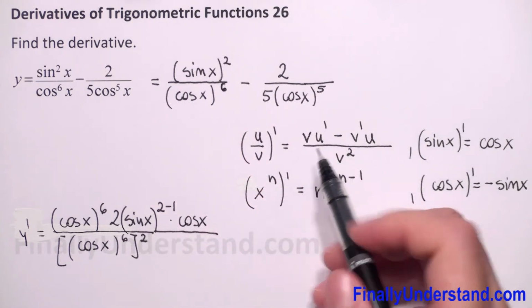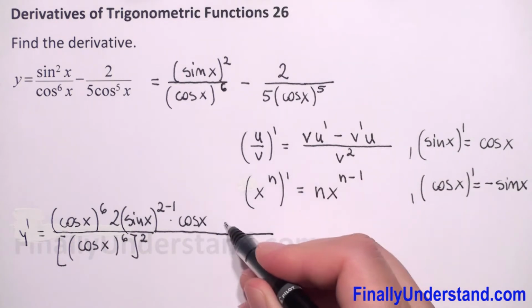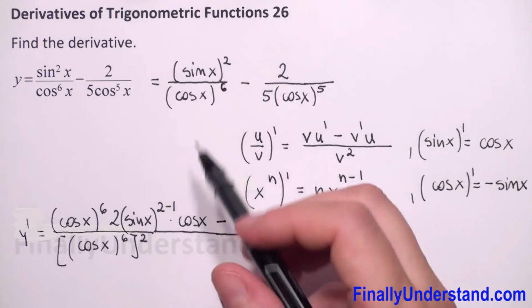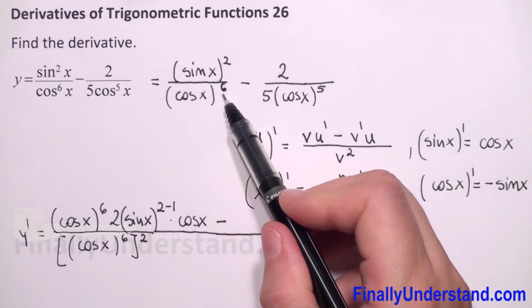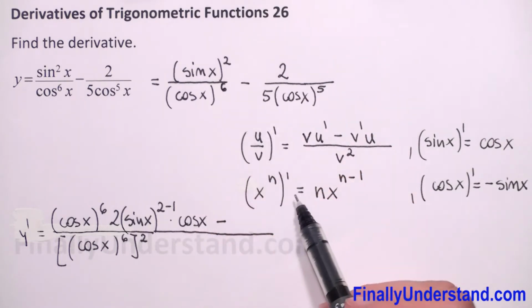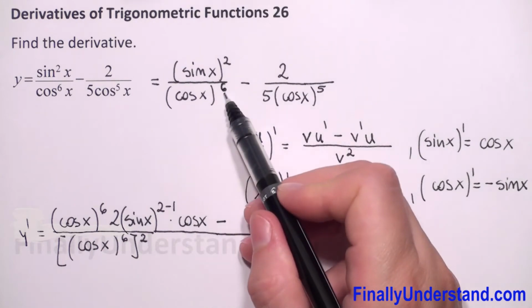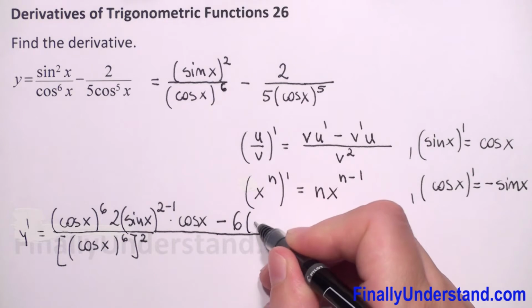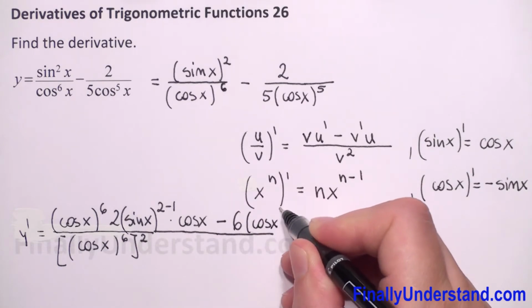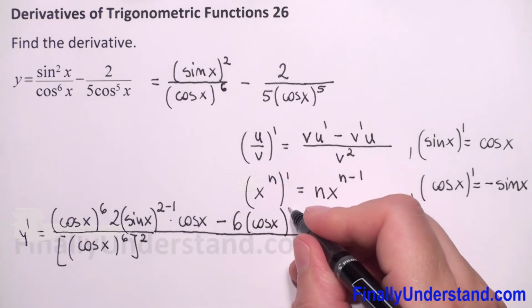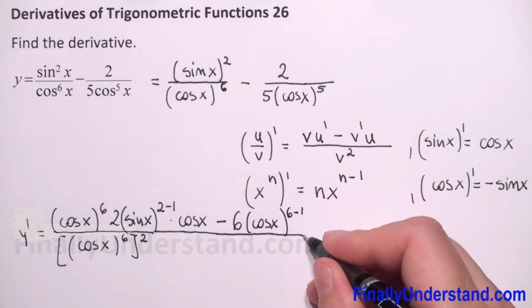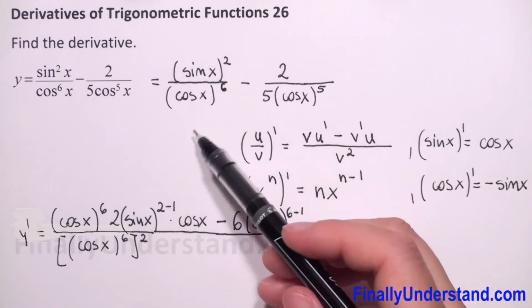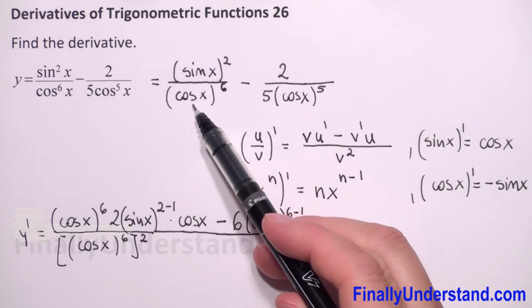Next we have minus. Now we have to find the derivative of the denominator. Again we use the power rule, so we take down 6. We have 6 times cosine of x to power 6 minus 1 times the derivative of the expression inside the parentheses.